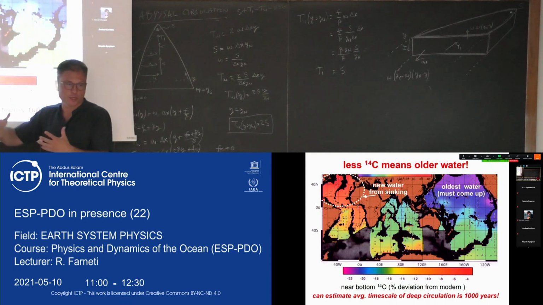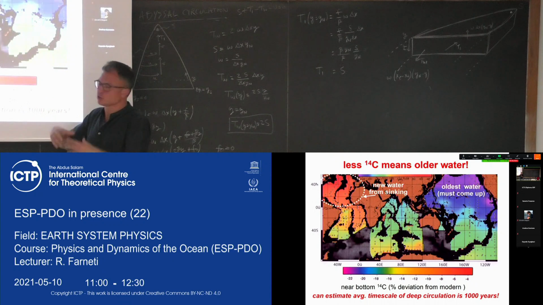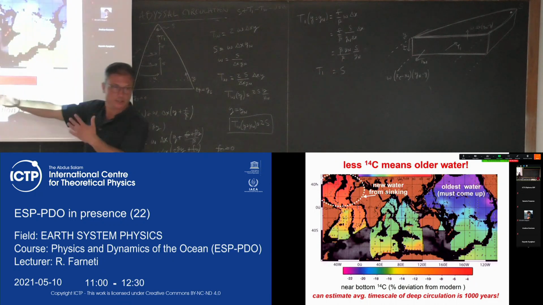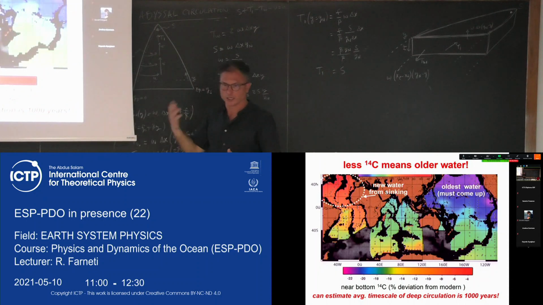So it will take that information of excess heat or excess of CO2 all the way to the Pacific and then back, and it will take 1,000 years to recirculate that information. So it will adjust on these kind of time scales.